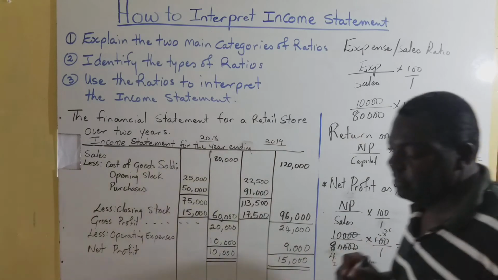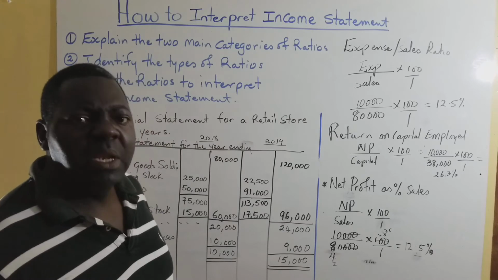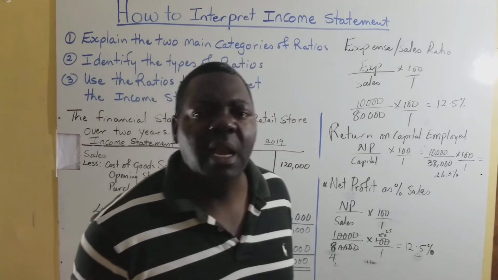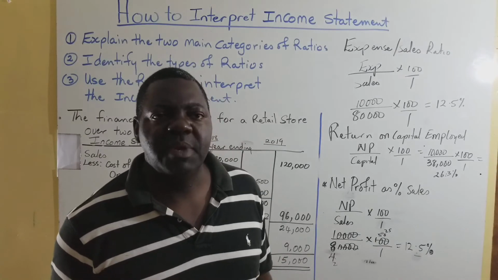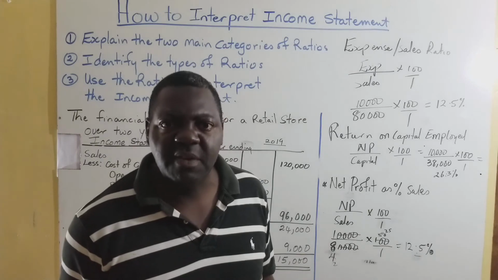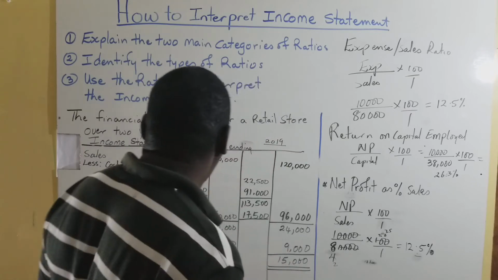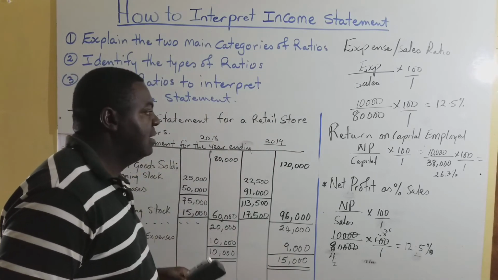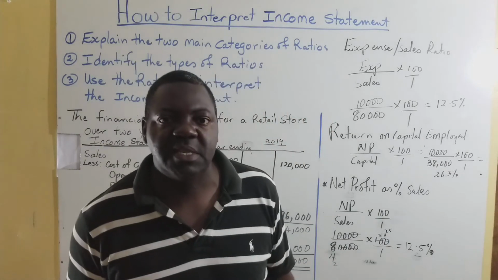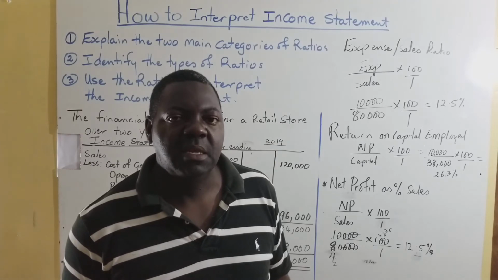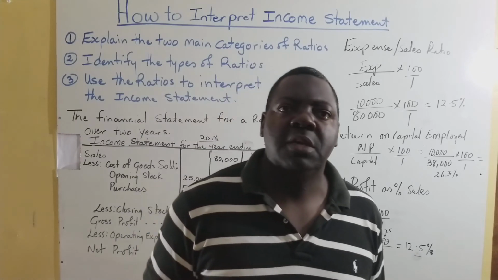That is a little bit above the minimum, because most institutions want to make at least 20% on their investments. So for the year 2018, the company would be making a return on their investment of 26.3%. That is a bit low, but still not below the minimum.